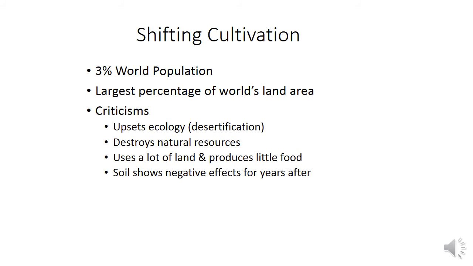Some people would argue livestock ranching does a lot more damage to forests than a couple million shifting cultivators do. The other criticisms would be from a commercial efficiency perspective, right? That you're using a lot of land and producing relatively small amounts of food, and that there might be other forms of agriculture that would be ideal under different conditions.